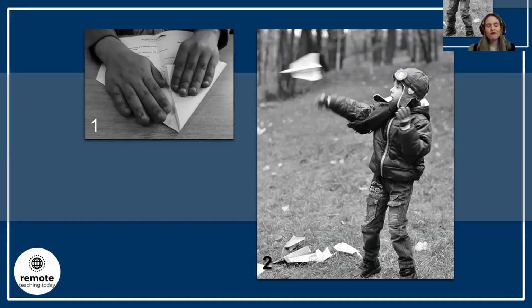And I would like to give you some food for thought. If you focus on this second picture, what is the kid feeling now that he's throwing away this paper plane, and what is he thinking? What's happening in his brain?